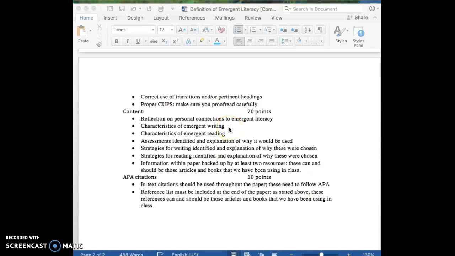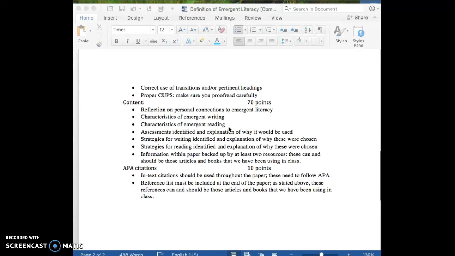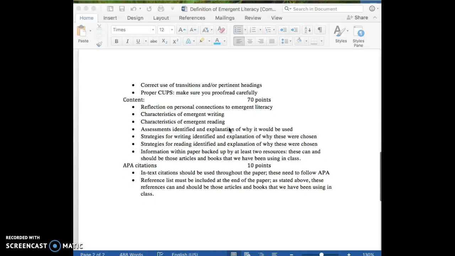You're going to be asked to give characteristics of emergent writing and emergent reading, and I want this to be done not in a bulleted format but in a paragraph format where you bring some material together, some of your own observations of children as well as the material that we've been reading. So you definitely will be giving some citations in those sections.